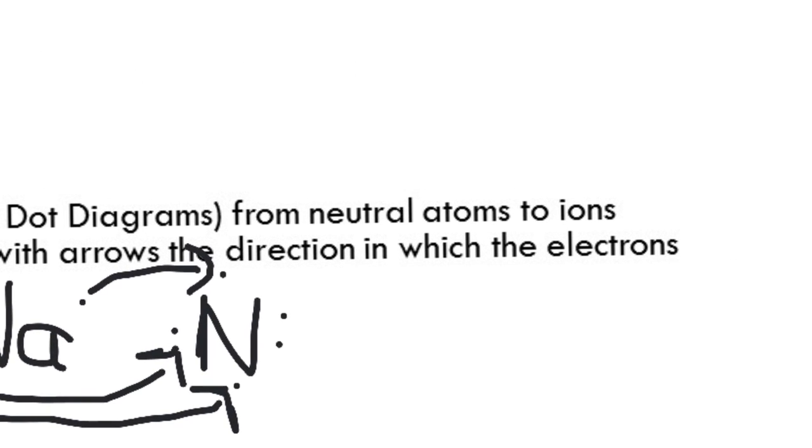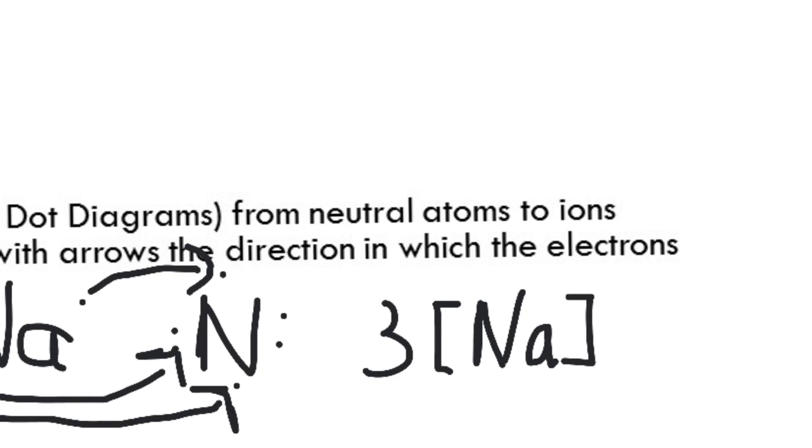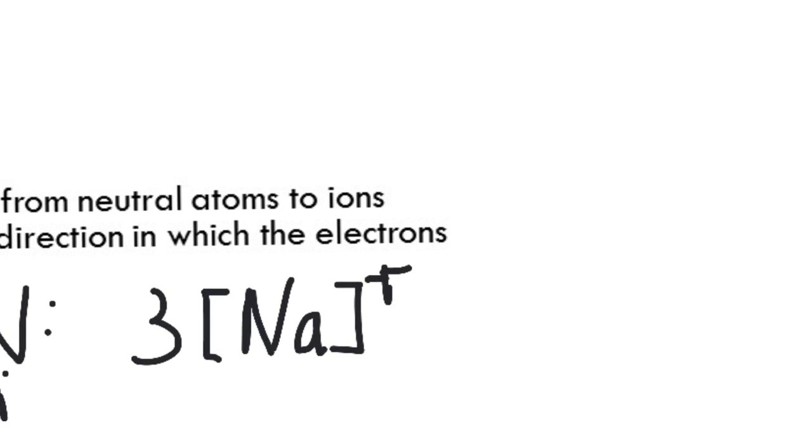Okay, so what we end up with is 3 Na positives. They're positive because they've all lost an electron, which means now they have one extra proton relative to electrons, which makes them a positive ion.